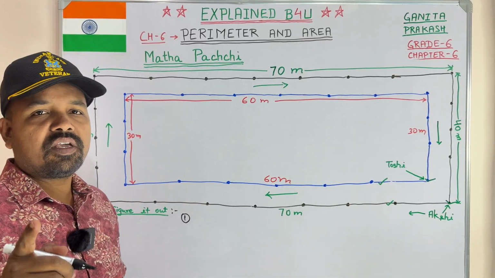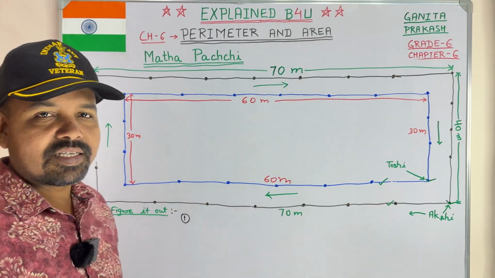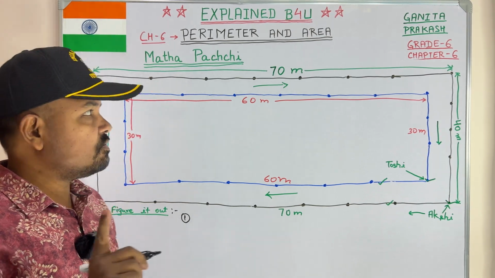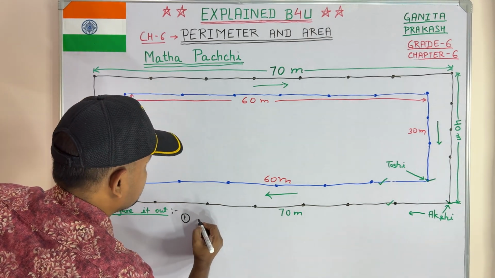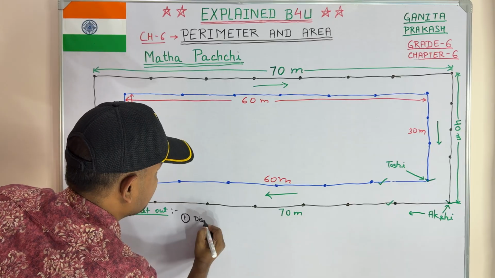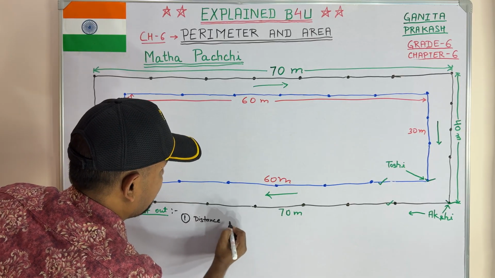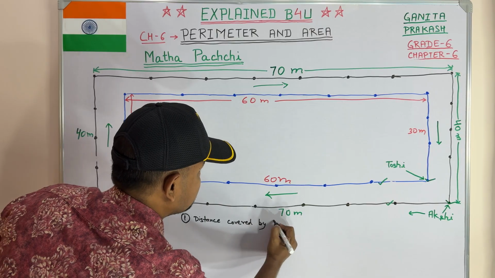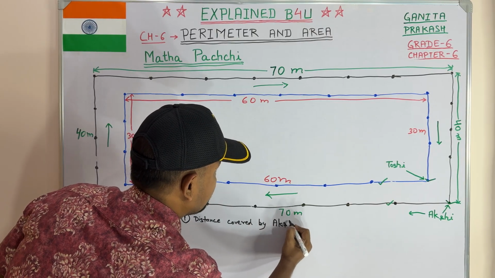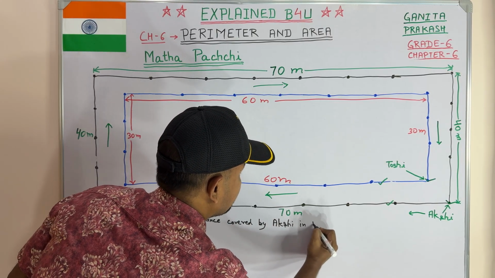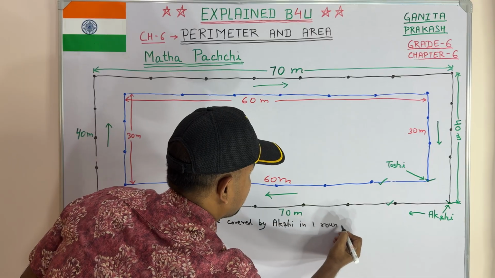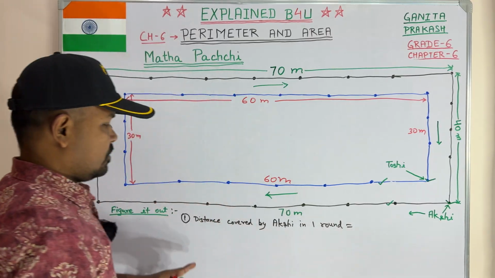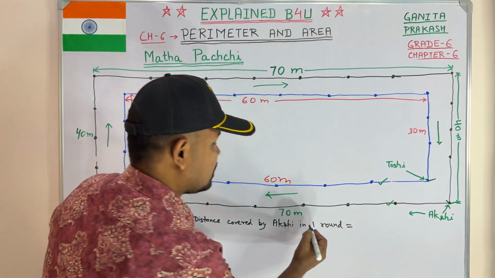So first we have to find out how much distance Akshi is covering in one round. So distance covered by Akshi in one round is equal to, in one round how much distance will Akshi cover?